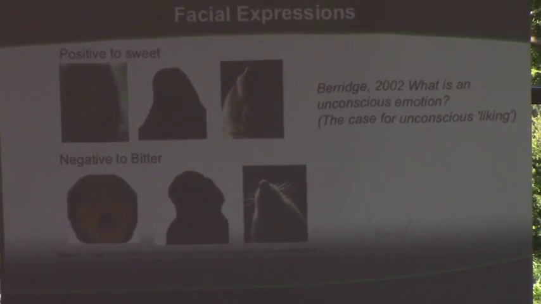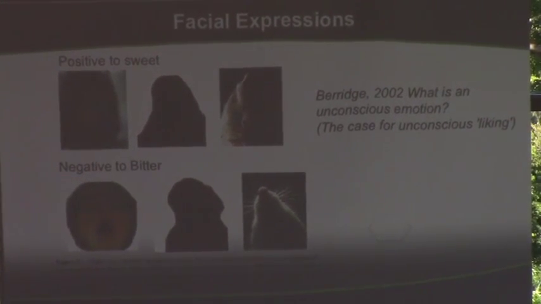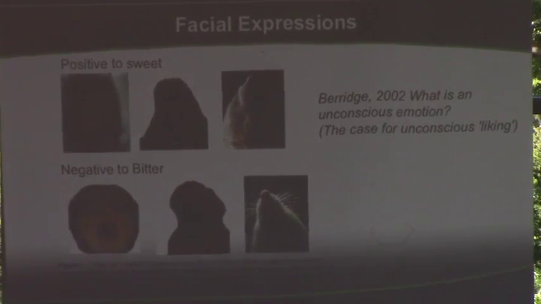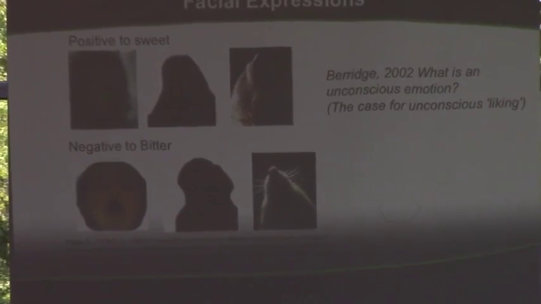It's the same finally in rodent and primate, and you have the positive response to sweet. You can find finally the facial expression, not every facial expression, but some few facial expressions.